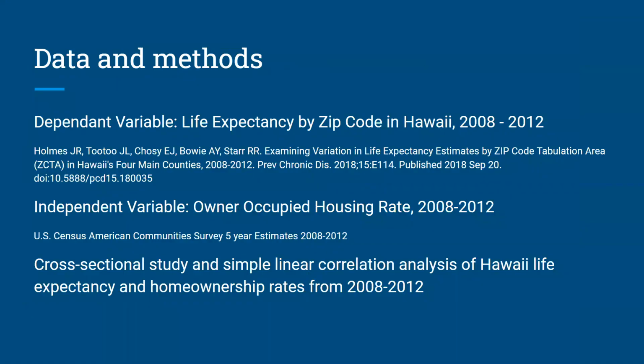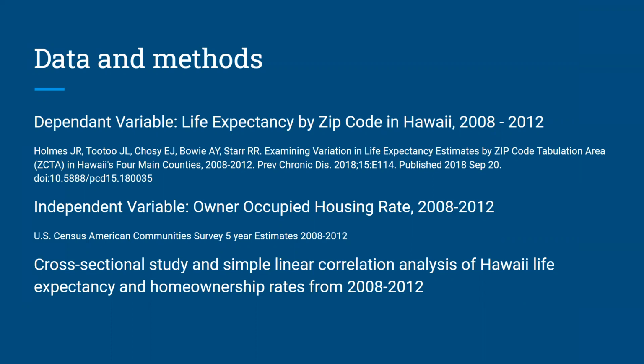So for data and methods, my dependent variable was life expectancy by zip code in Hawaii from 2008 to 2012. This data was created by a previous paper that looked into establishing a scale method for determining life expectancy within Hawaii at the sub-county level.